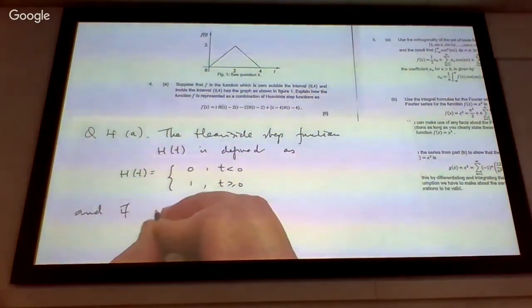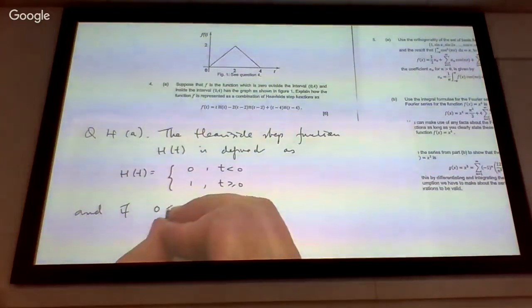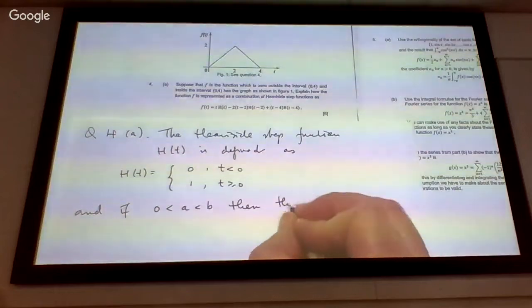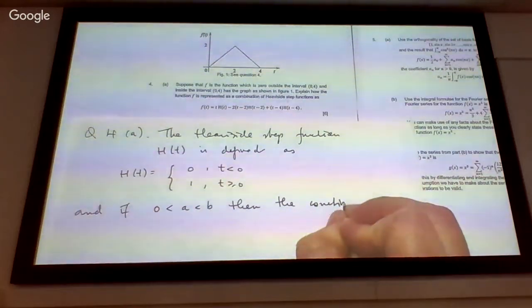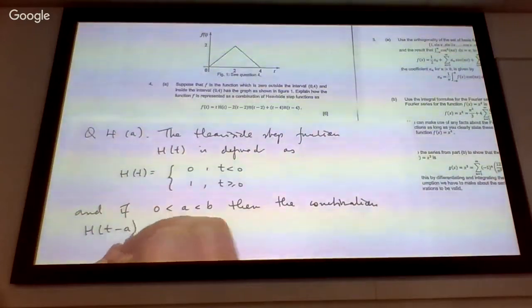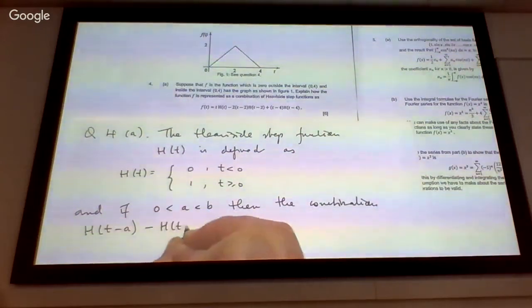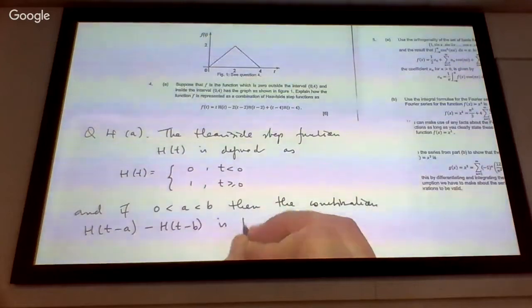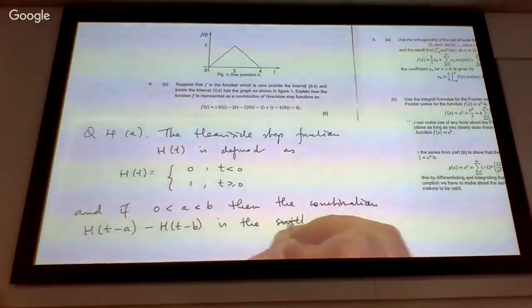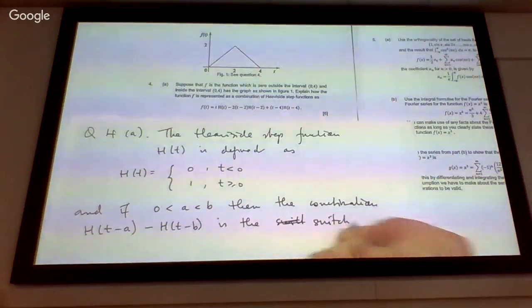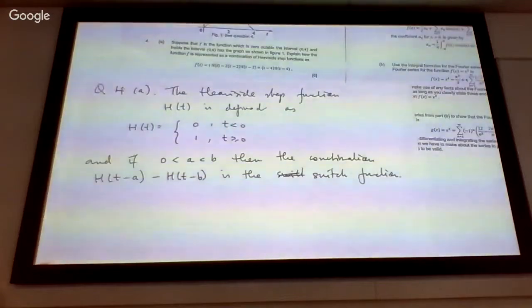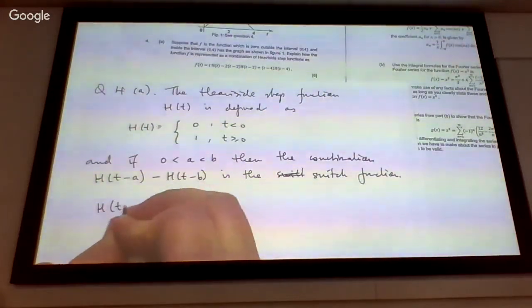And if we've got two quantities A and B, then the combination h of t minus A minus h of t minus B is the switch function, so we'll just indicate what it is here.